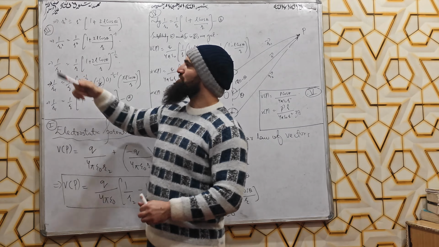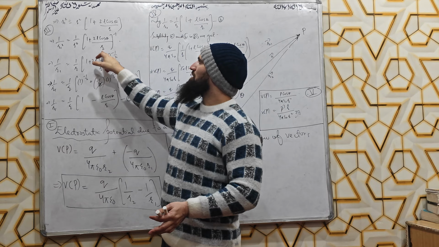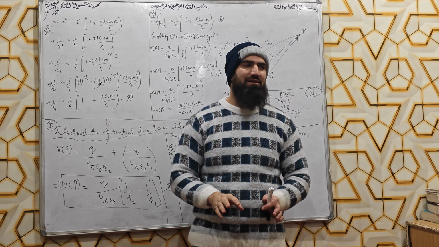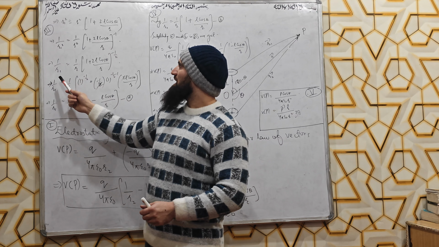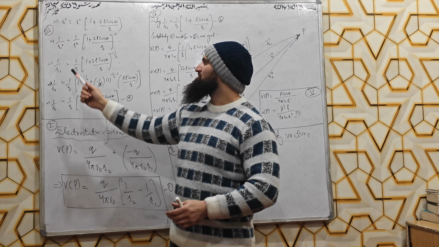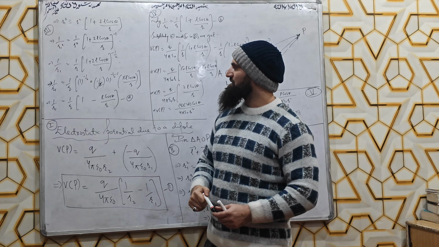So 1 by R1 square, taking the reciprocal of both the sides, is equal to 1 by R square into 1 plus 2L cos theta by R raised to power minus 1. Because when you are reciprocating something, you can write it in the form of raised to power minus 1. So 1 by R1, when the square goes to the right hand side, it becomes a root. That's 1 by R, the square root will get cancelled, into 1 plus 2L cos theta by R raised to power minus 1 by 2.